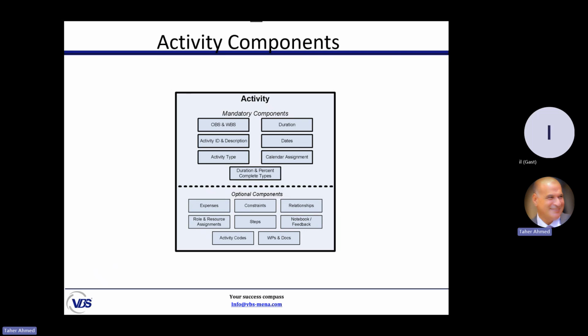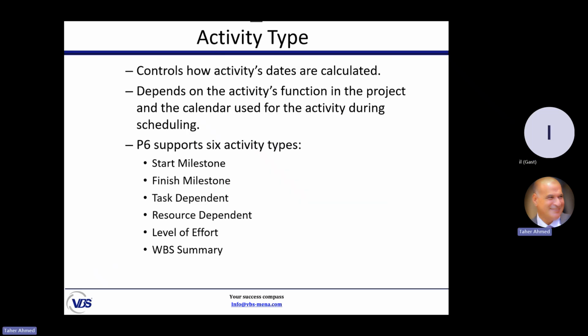Do we need to add a document, or add a constraint, or add a relationship? It is not mandatory information. So when I ask you, you are responsible for this package, come to me with defined activities, I need this information. Right.